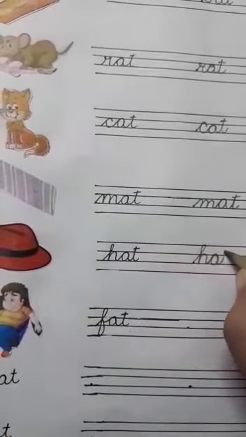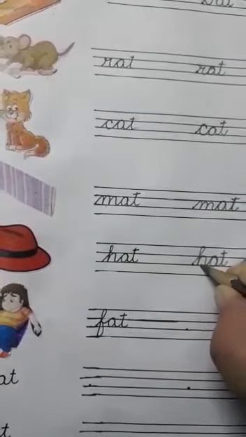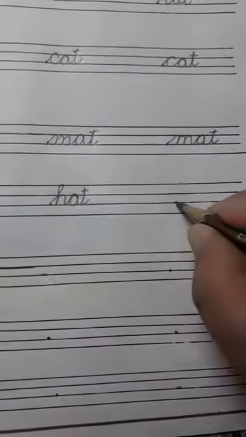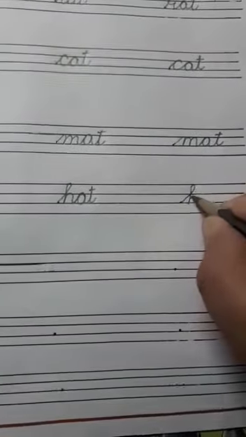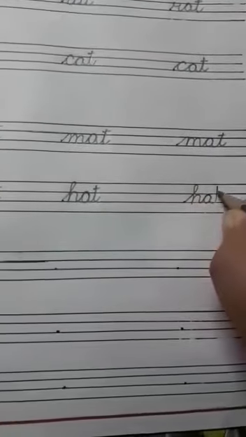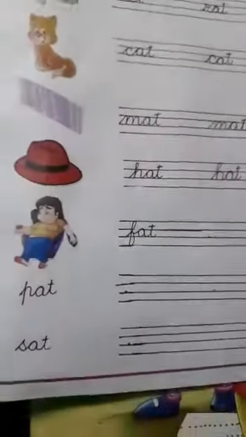H, A and T. The initial sound of hat is h and the ending sound is t. So, h at a hat. H, a, t, hat. H at a hat.